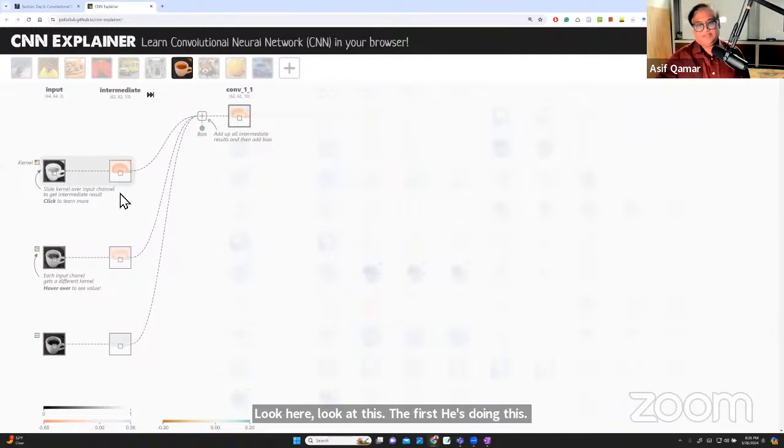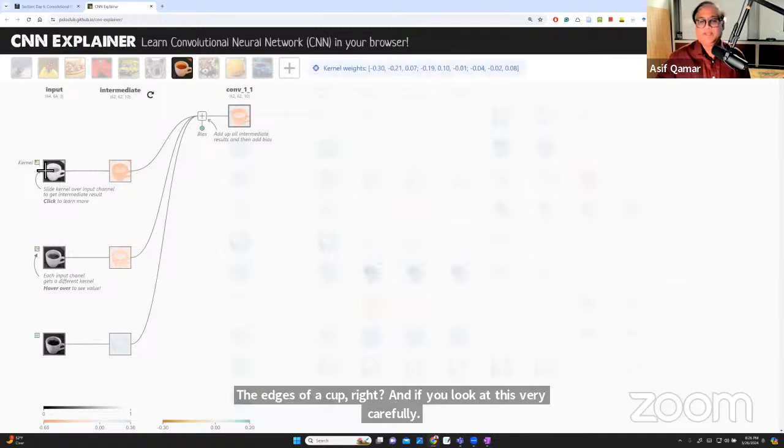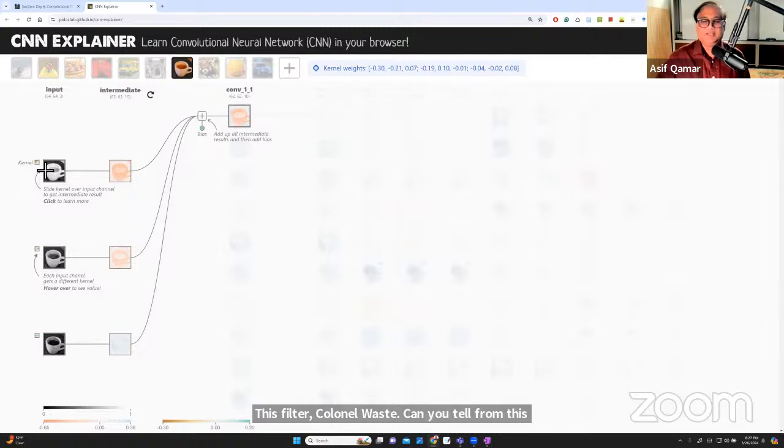And when it is doing this, you see this picture here. This filter is producing what? A pretty good image of a cup, the edges of a cup, right? And if you look at this very carefully, this filter, these kernel weights, can you tell from the kernel weights what it is doing? Look carefully.